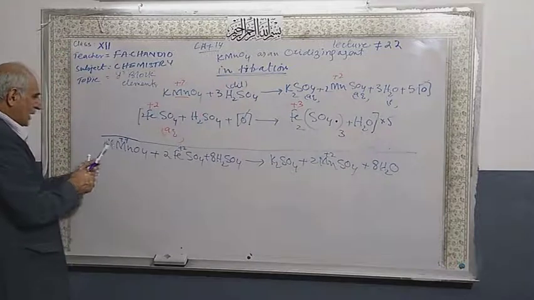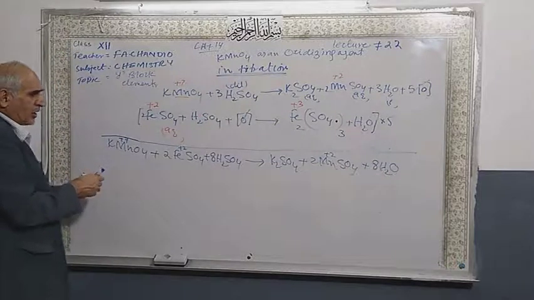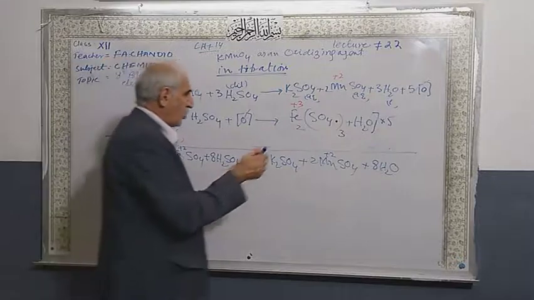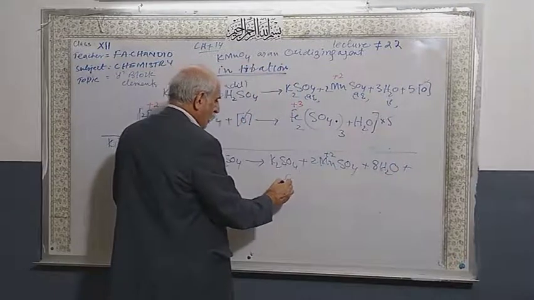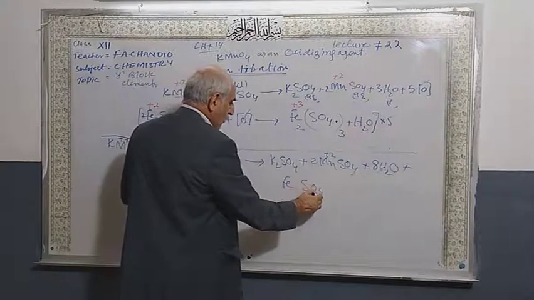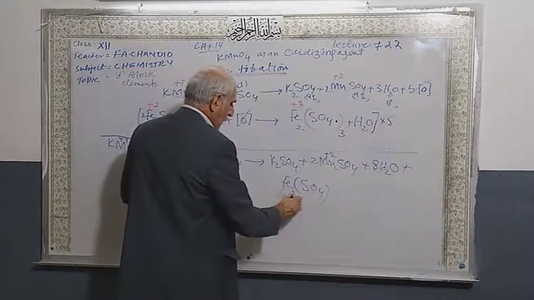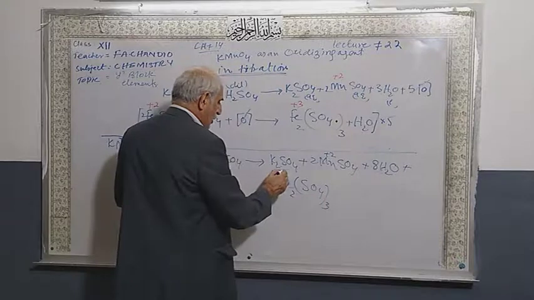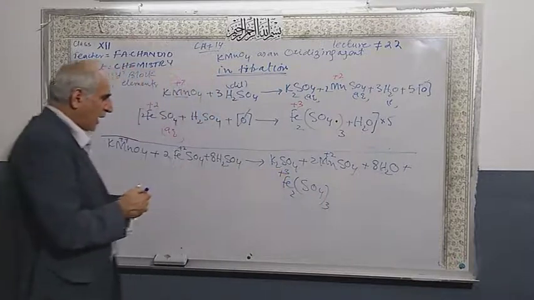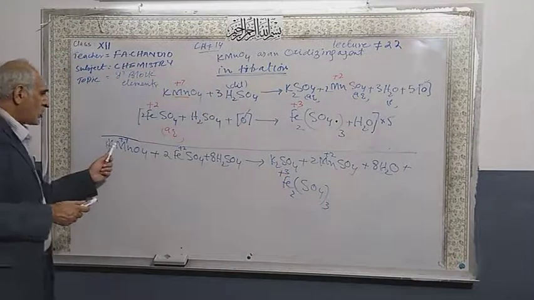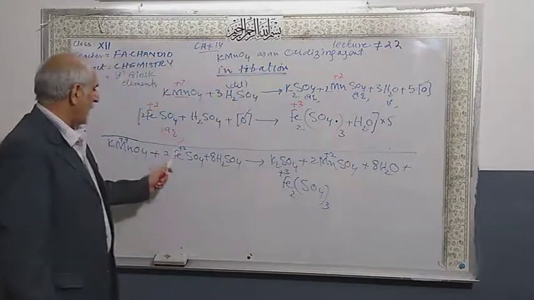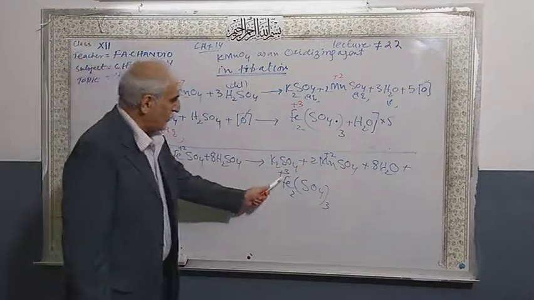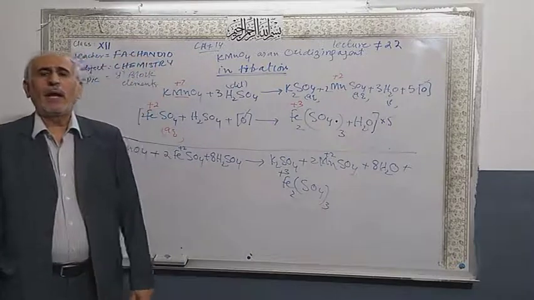So students, there is a reduction, and also the main product is ferric sulfate, and the oxidation number of iron is positive 3. So 7 changes into positive 2, there is a reduction in manganese, and positive 2 changes into positive 3, oxidation in the iron.